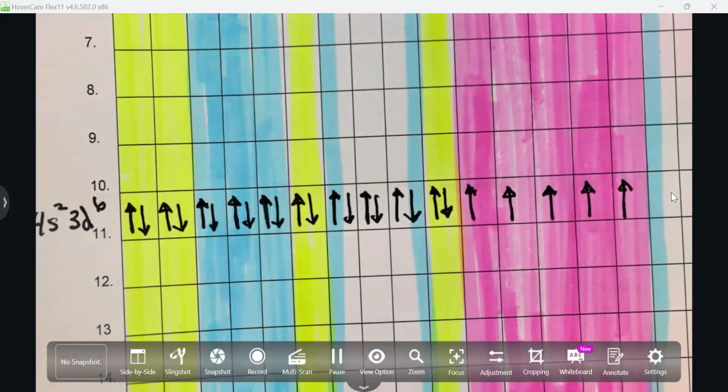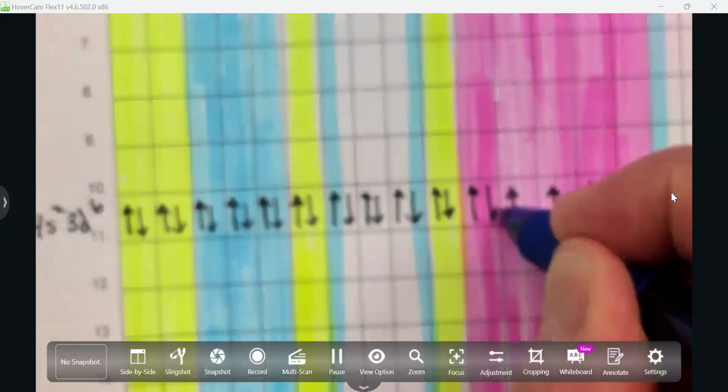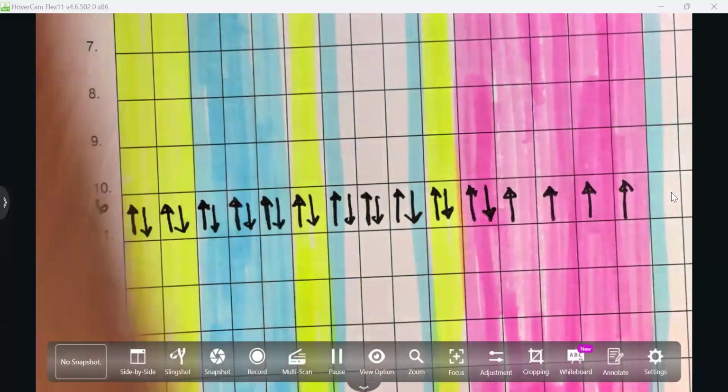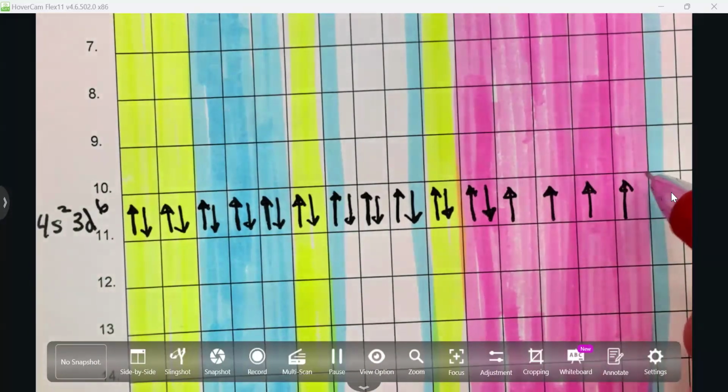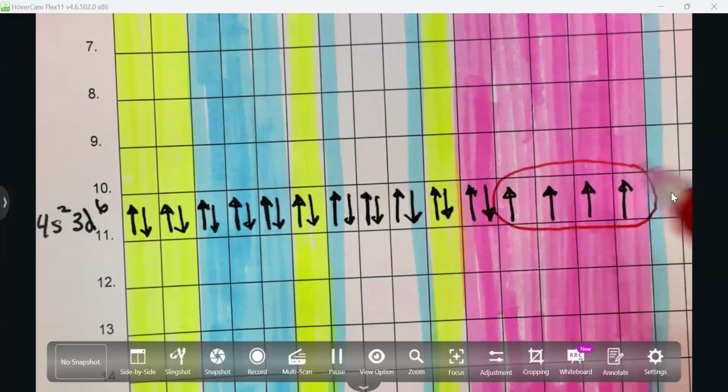So there's my 3d5. You don't know where the 6th one's going to go, but you know it's going to be spinning opposite. I'm just going to put it in the first one. And then I know that these 4 right here have to be the same.